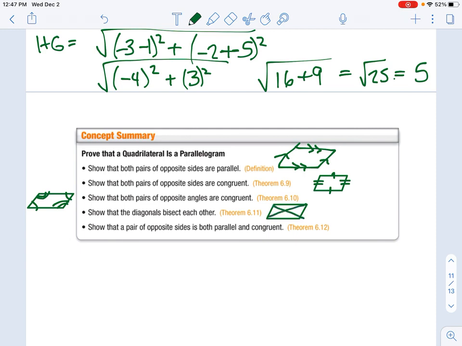Draw diagonals in here. Obviously not quite a parallelogram. They bisect. Or you can show that one pair of opposite sides is both parallel and congruent. And those are all ways that you can show that a quadrilateral is a parallelogram.